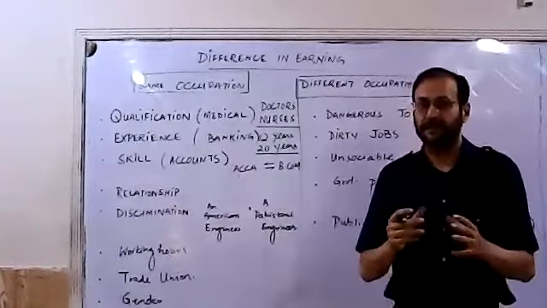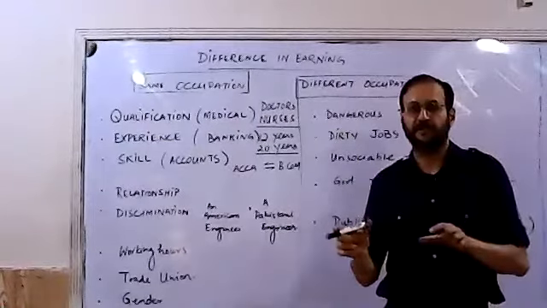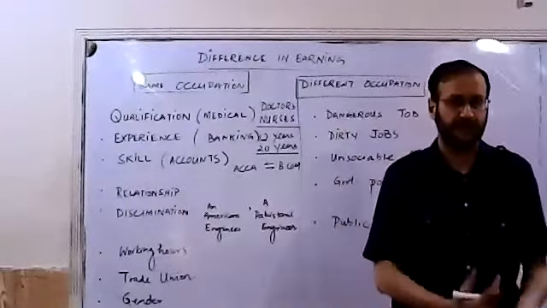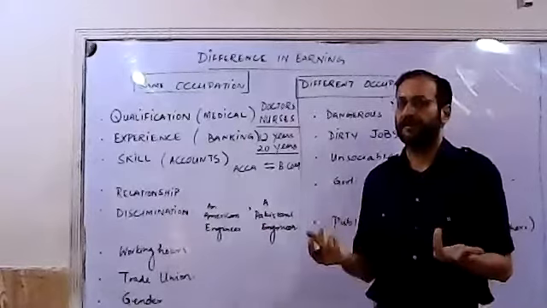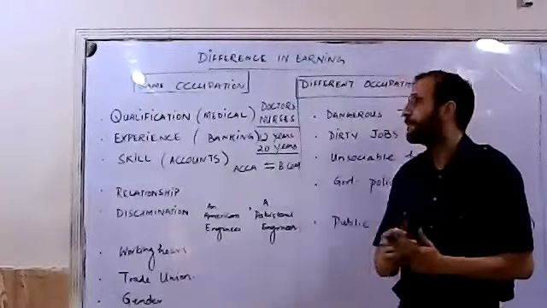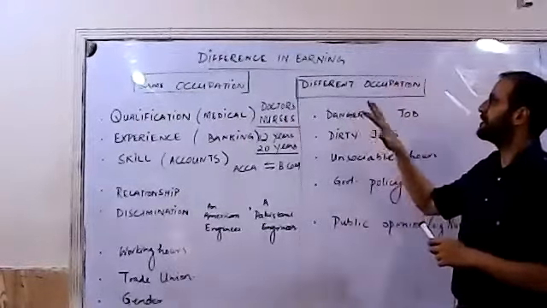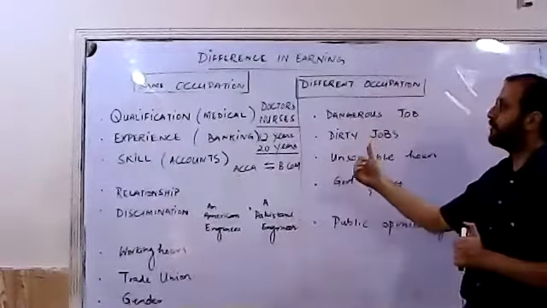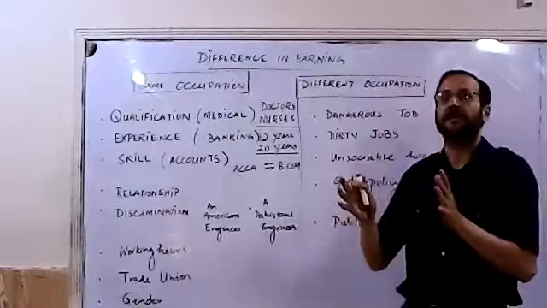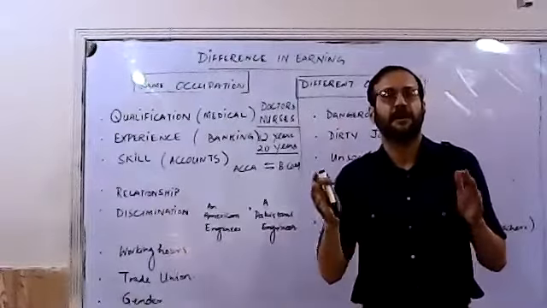And why they change, we have studied the factors of both demand and supply. And now we're going to concern ourselves with a very important topic from the examination point of view, I must say, and that is differences in earning. So the previous topic was changes in earning, and now we are going to find out the differences in the earning of various workers.